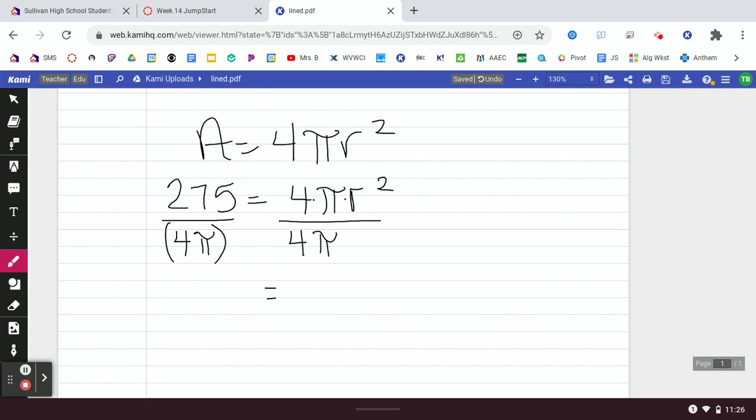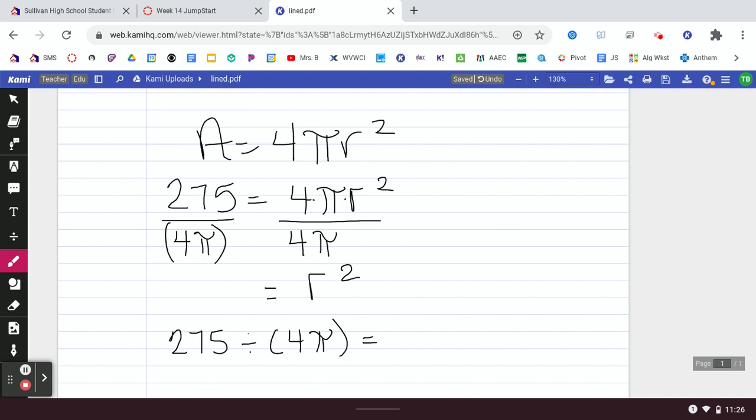So 275 divided by parentheses 4 pi, close the parentheses. You don't have to put this in your notes, but just so you know what I punched into the calculator: 275 divided by parentheses 4 pi in parentheses, equals.